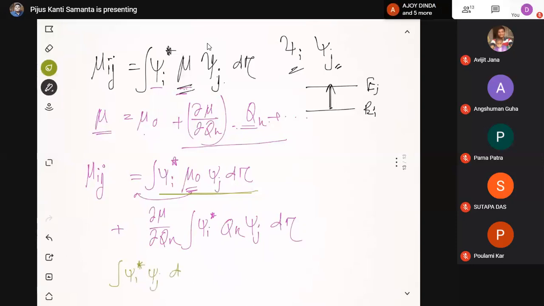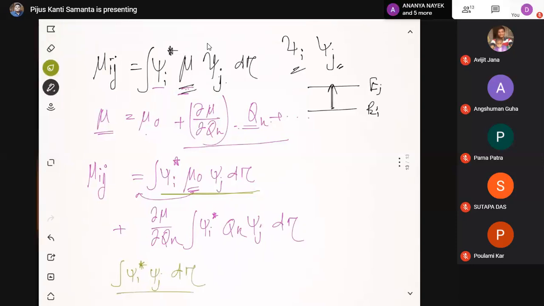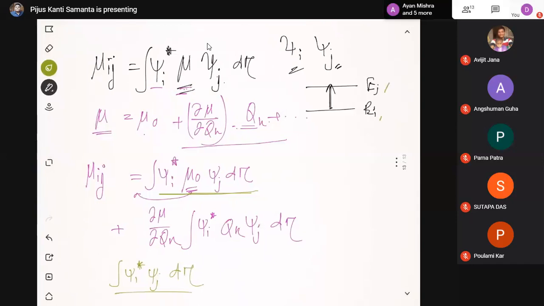Okay. So if we look at this first term, since these two states are different, what does the orthogonality condition say? The orthogonality condition says this first term must be zero, and we shall have only the second term. So let us look at the second term.